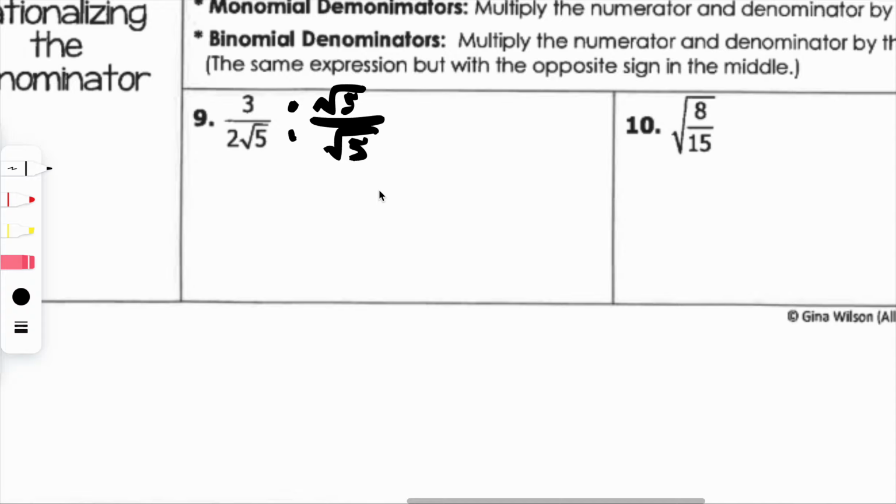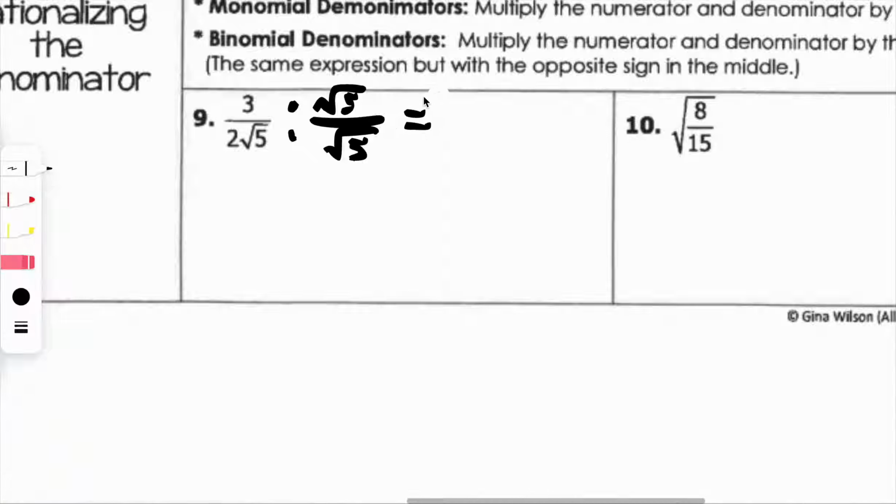Because they're the same value. And so by multiplying 3 over 2 root 5 by 1, we're not changing the value of this fraction. However, we're changing how it's represented. We want to change it such that there's no square root on the denominator.